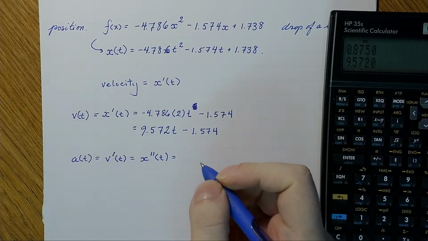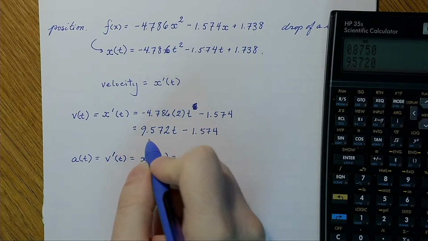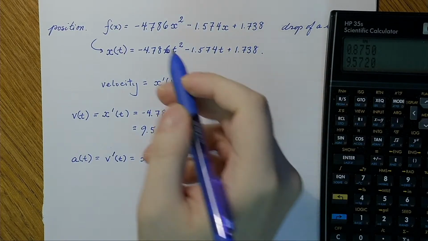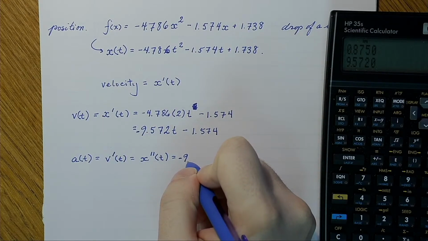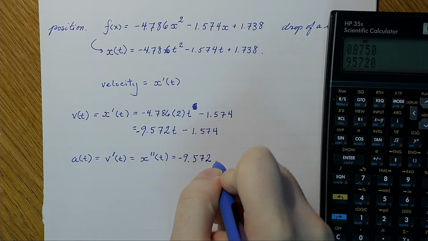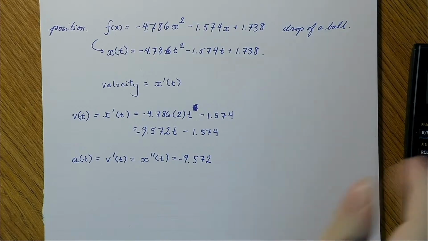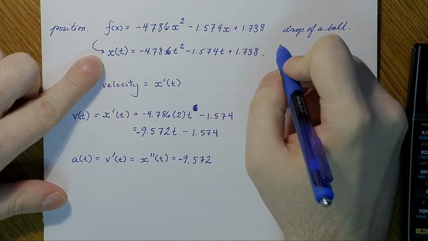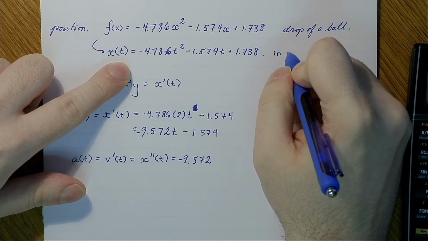This is straightforward enough that if I take the derivative of the velocity, then I'm just left with, oh, and I also have to remember there's my negative sign, negative 0.572. Of course, this is our position, so this is in meters.